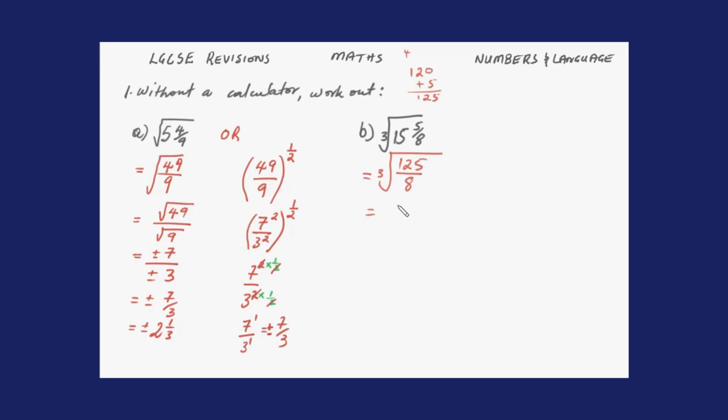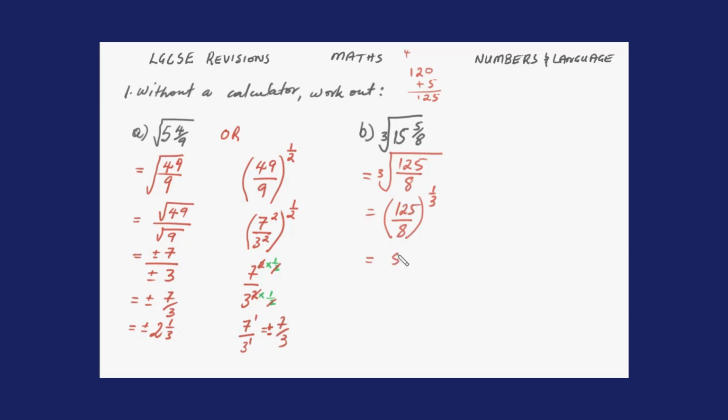We have 125 over 8 all to the power 1/3, because the cubic root of a number is the same as raising that number to the power 1 over 3. This is equal to, let's write these numbers in indexed form, both the numerator and the denominator.